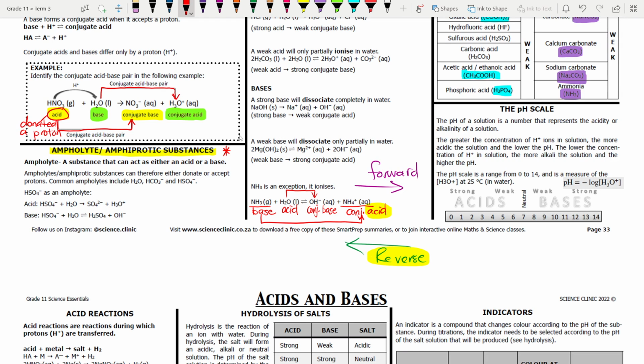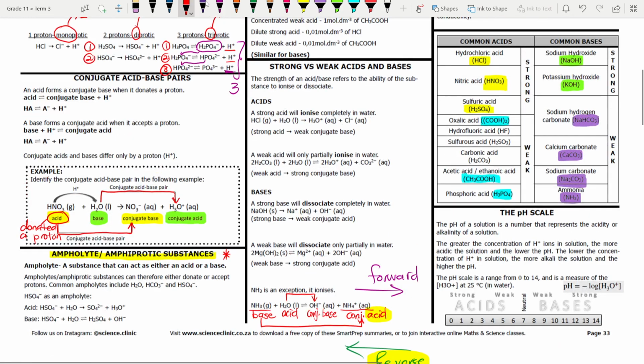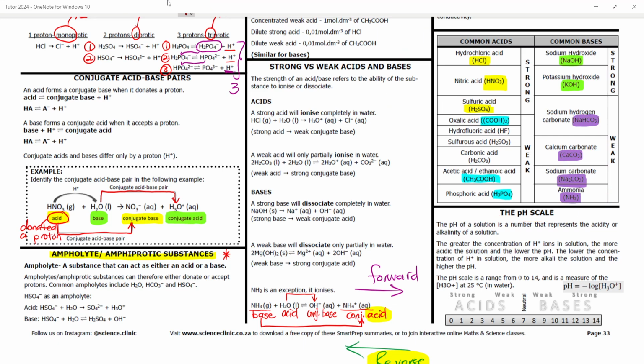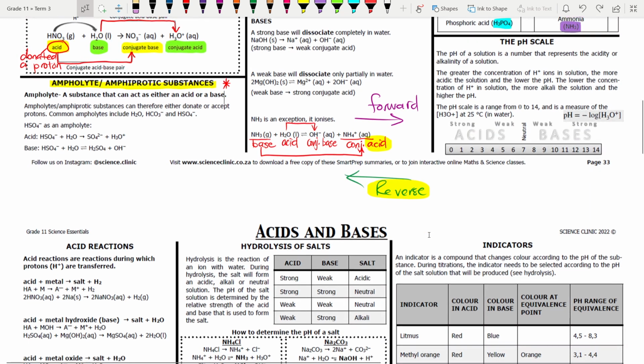So in one reaction, it's going to act as a base. But if we try another reaction, we see that this thing actually acts as an acid in this reaction. So it doesn't really have an identity. It doesn't fall into common acids and bases, because those don't change. They are not ampholytes. They are really acids or bases. But there are some of these things that are really going to change around, and they are called ampholytes.